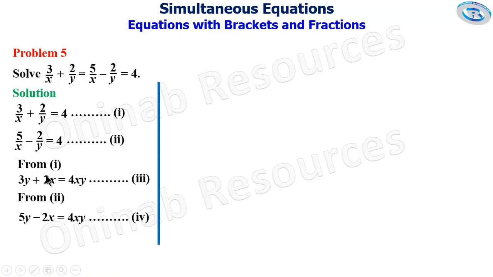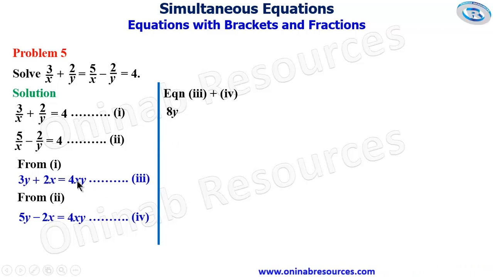Then the coefficients of x are the same for 3 and 4 but with different signs. So which means we are going to be adding equations 3 and 4. So we say equation 3 plus equation 4. So 3y plus 5y gives 8y.